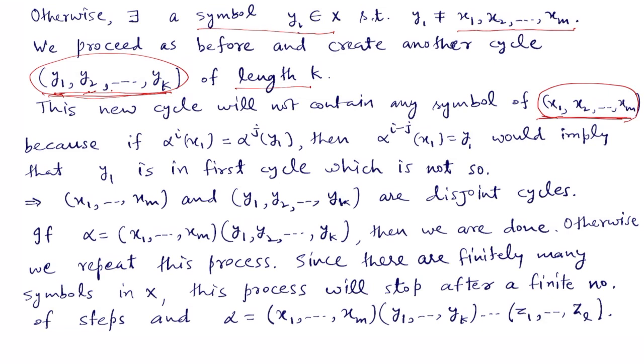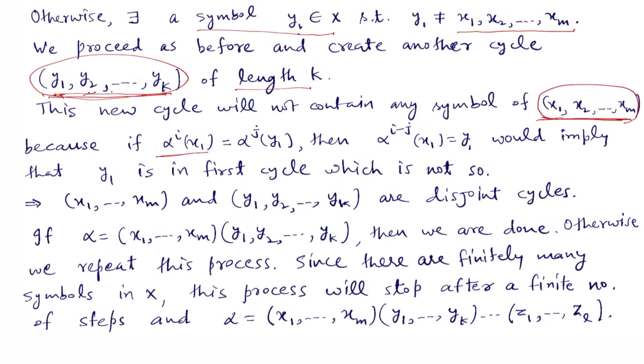So if we assume that there is a common symbol between these two cycles, then alpha to the power i of x1 will be equal to some power of alpha of y1, alpha j of y1. That will imply that alpha raised to power i minus j of x1 is y1.